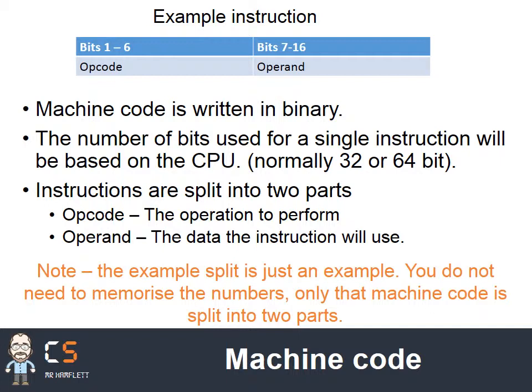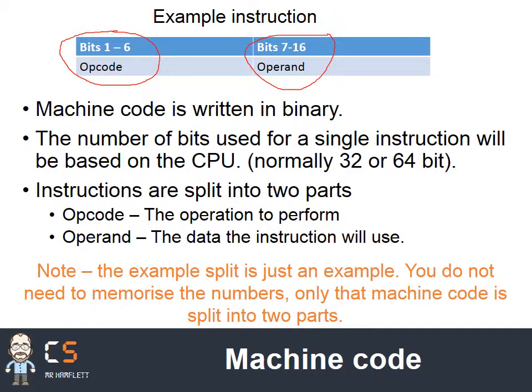Instructions, therefore, are split into 2 parts, the opcode and the operands. On the slide at the moment, I have a sample instruction, which has 6 bits for the opcode and the remaining bits for the operands. This would be a 16-bit instruction.